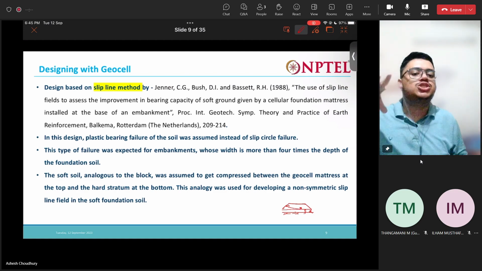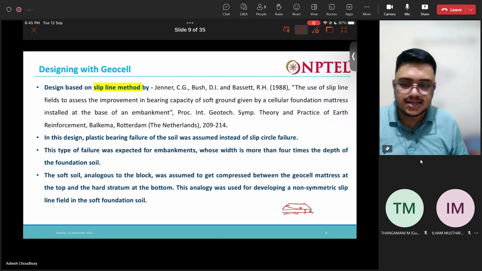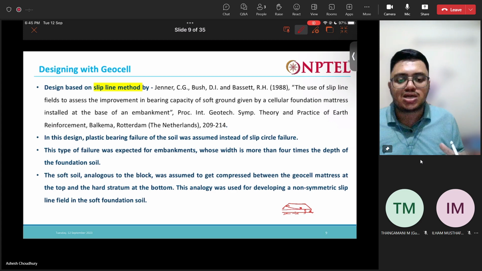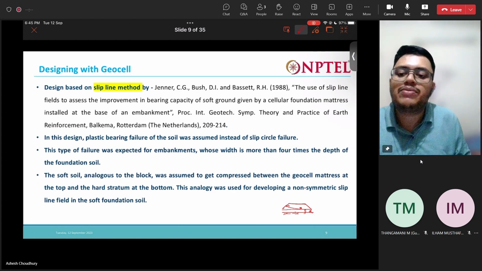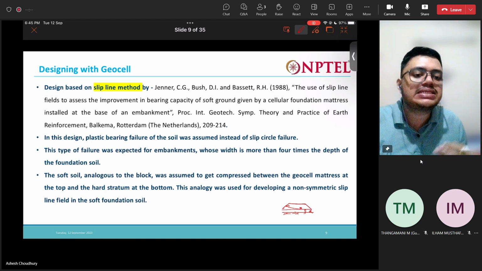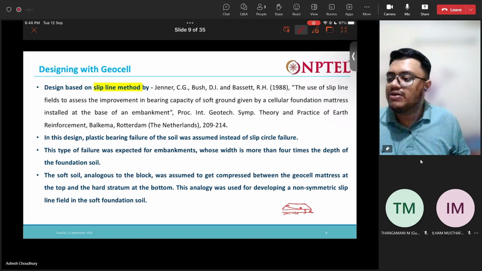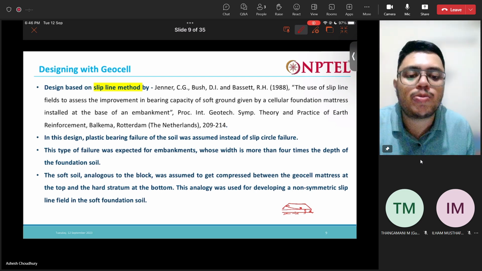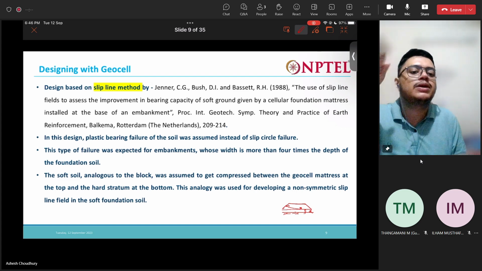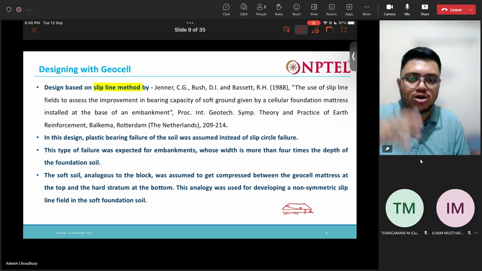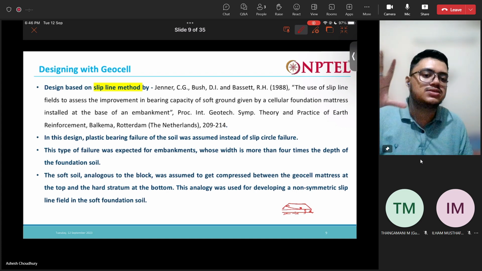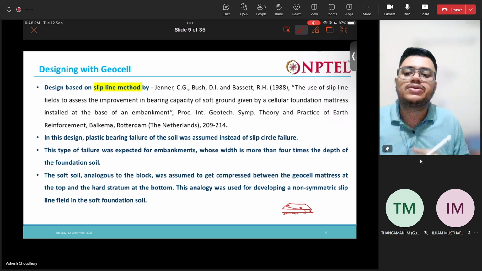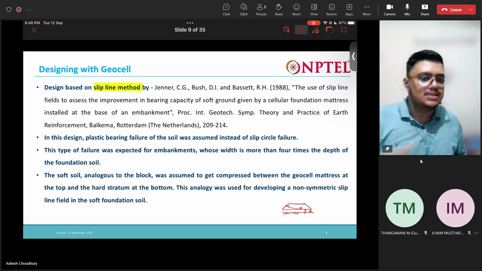Some researchers had given theories showing how to solve such problems where we have a soft strata between two strong objects, like a soft metal between strong metal. Using that analogy, this non-symmetric slip line is constructed in this soft soil.